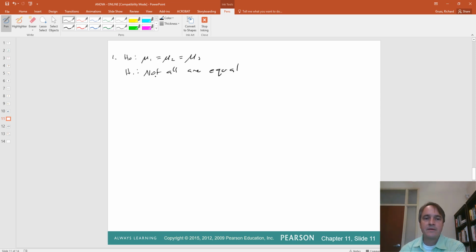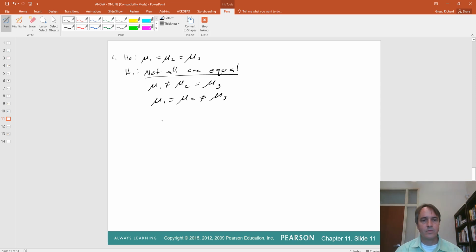Okay, so the reason why we have to put it like this is because this test won't tell us which one of these is a not equal sign. The alternative could wind up being like this, or it could be like this, or it could be that none of them are equal.